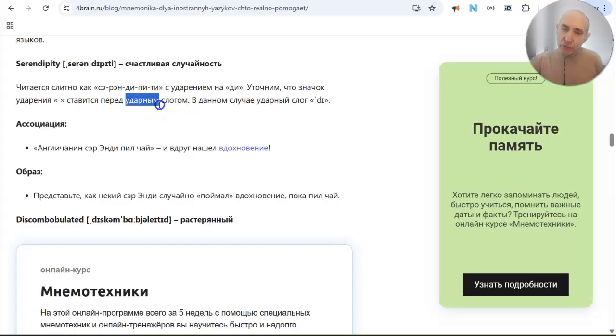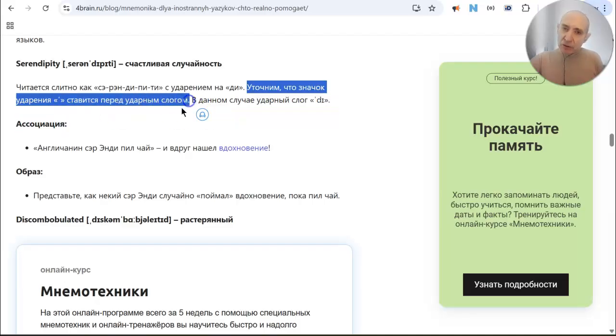Ударный слог would be an emphasized syllable, because ударный is the same root as ударение. So, уточним, что значок ударения ставится перед ударным слогом would mean, please note that the little sign of emphasis is printed before the emphasized syllable.